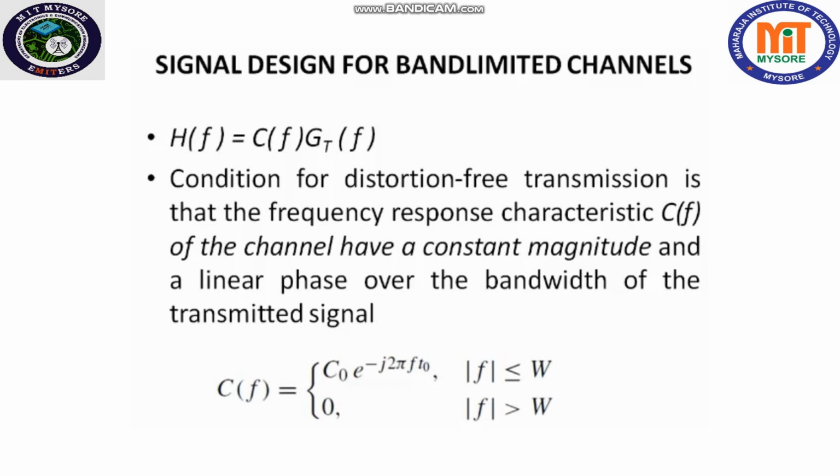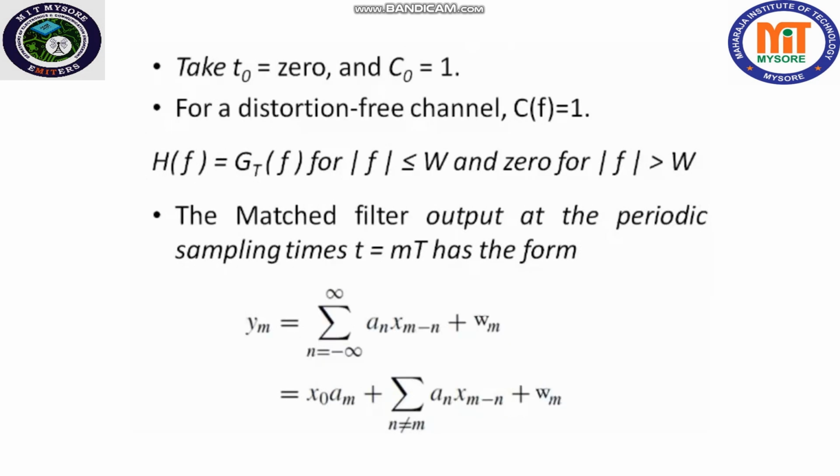Where W is the available channel bandwidth, t naught represents an arbitrary finite delay which we set to 0 for convenience, and C naught is a constant gain factor which we set to unity for convenience. When we take t naught equal to 0, we get C naught equal to 1. For the distortion free channel, C of f must be equal to 1.